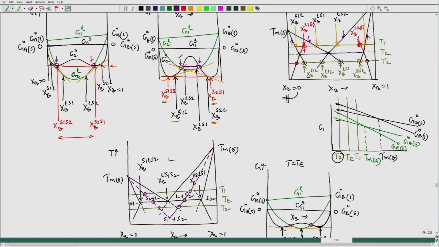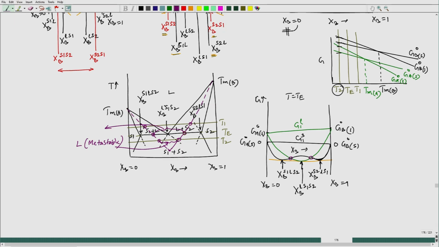So, here below the eutectic temperature, at any temperature you consider, we have a liquid existence, but this liquid would be metastable. Here also between these two, at the eutectic temperature, these 2 points are staying above the common tangent. So, that will be also metastable. So, this liquid is also metastable.